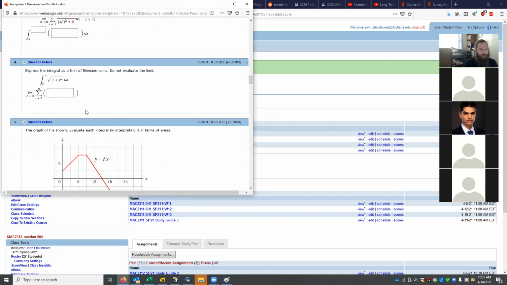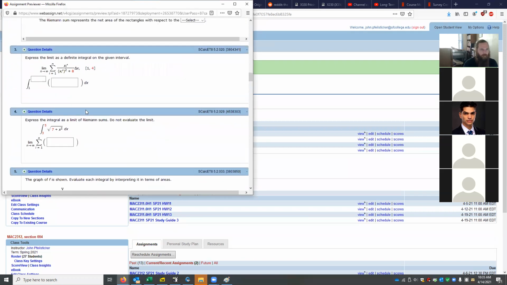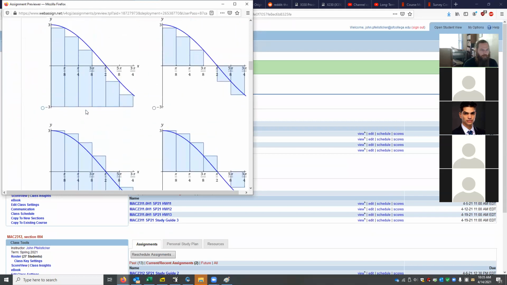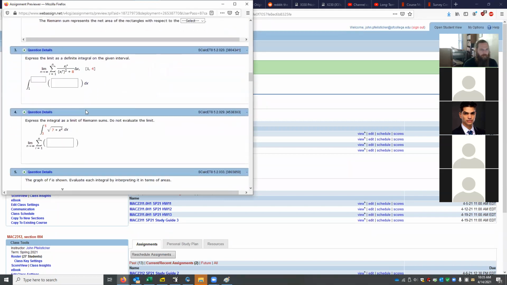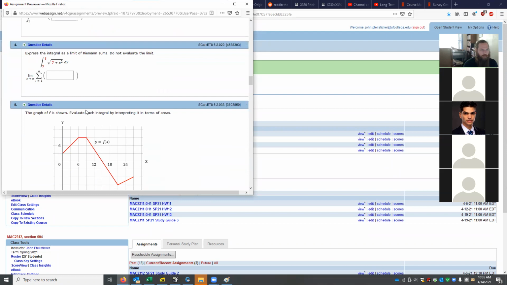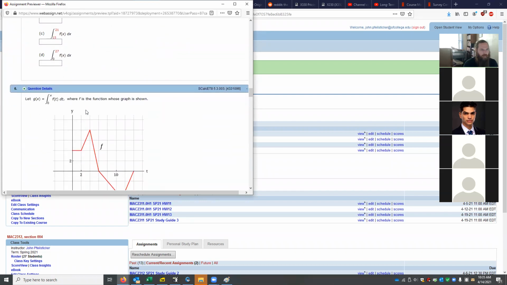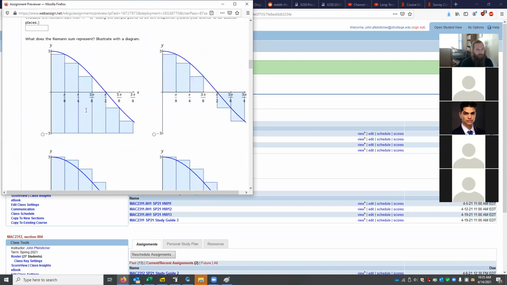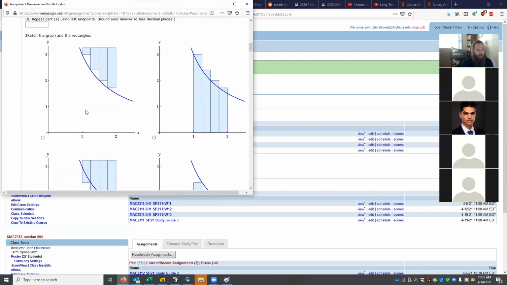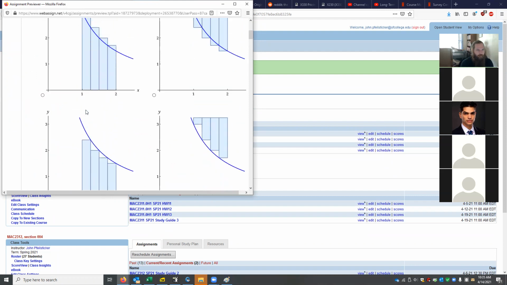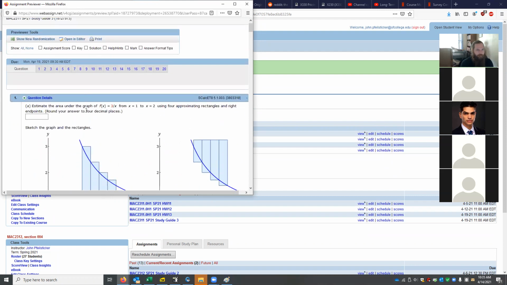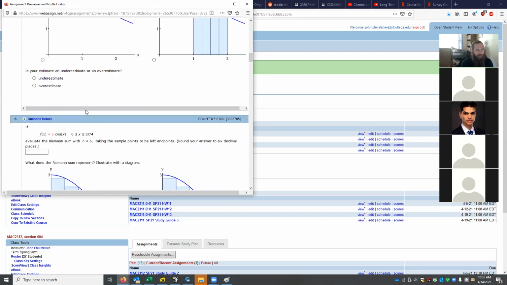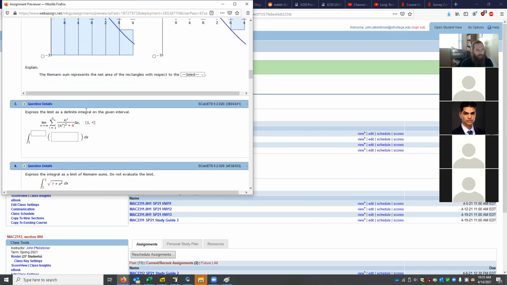So I think I gave you just a linear function, right? Or maybe I didn't. Let me see. Express this as an integral, express this as a sum. Well, you might not have had any of these in the study guide. I gave you one with a linear function. Maybe it shows up later.